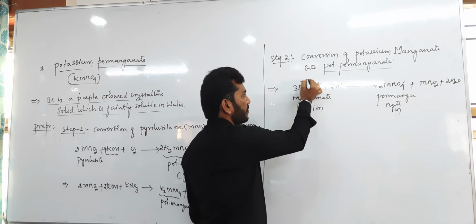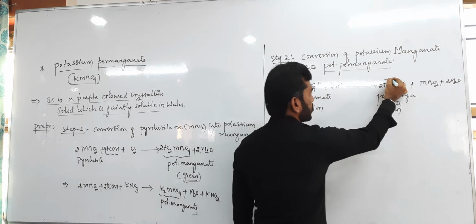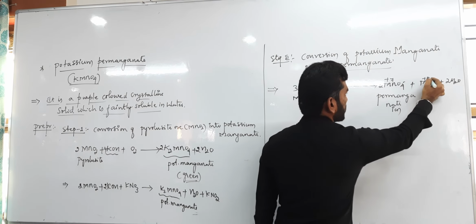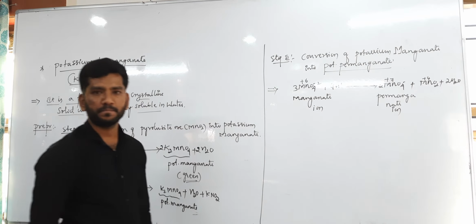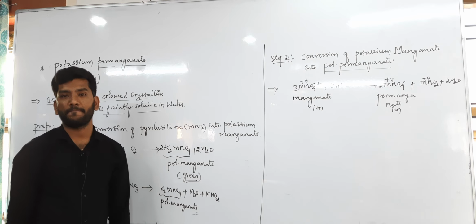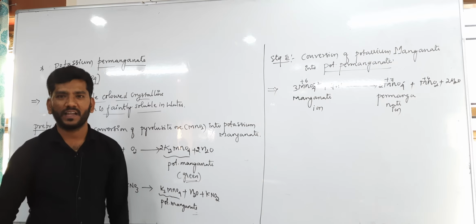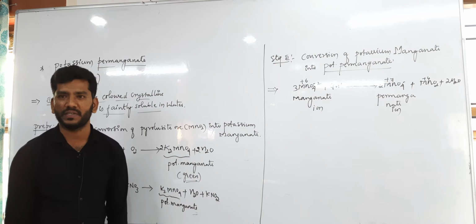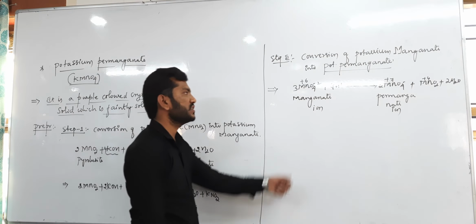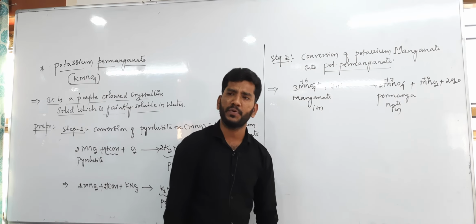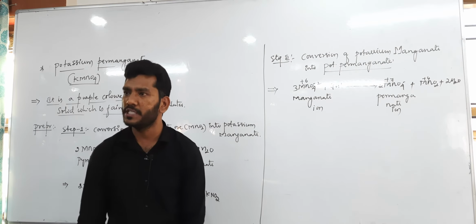We have plus 6 becoming plus 7, and plus 4. Just think of it: it is a redox, but specifically a disproportionation reaction, that's it. A single substance which can undergo both oxidation and reduction, that reaction we call disproportionation.